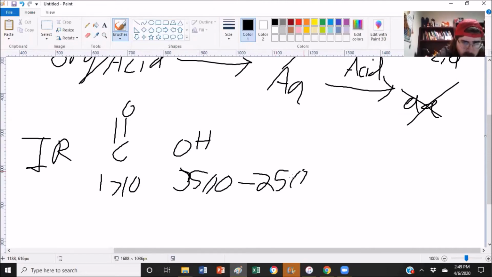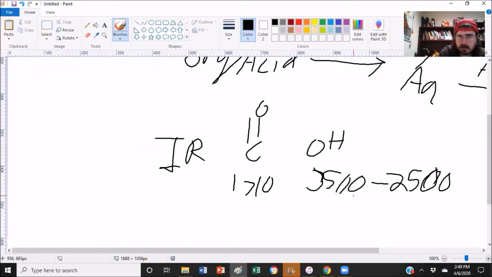It's usually actually creeping into our CH stretches. So if it seems to have shifted a bit from where we usually see it, and it's with a carbonyl group, there's a good chance that the carbonyl and hydroxy are right next to each other. Still, it can sometimes be deceptive and we don't always notice it. So that's where NMR is super helpful if we know how to look for this.